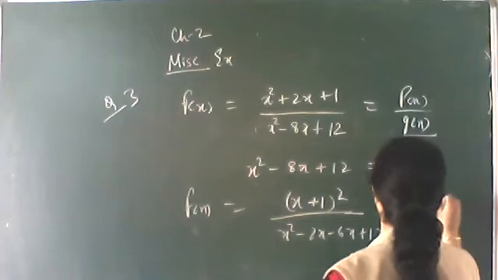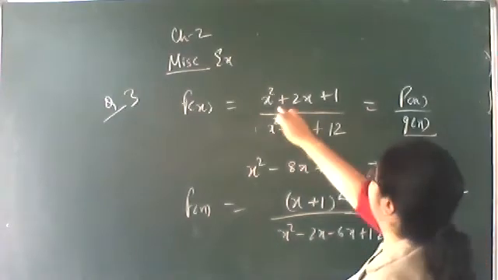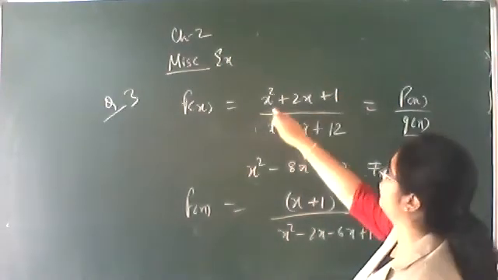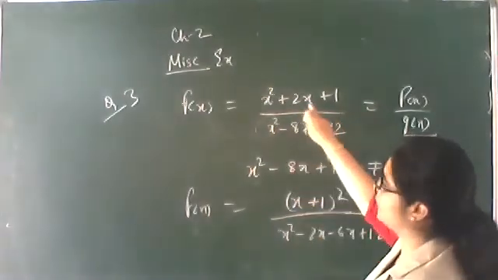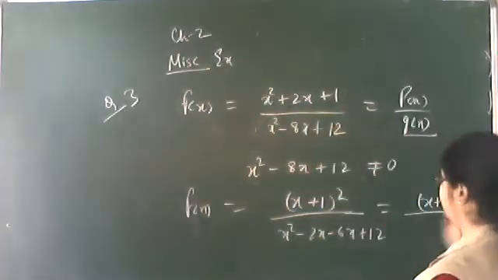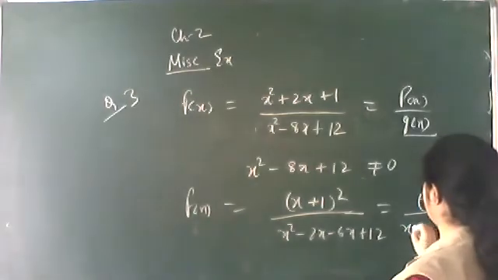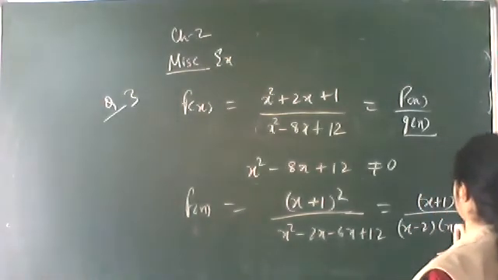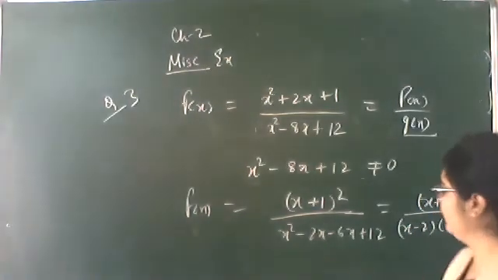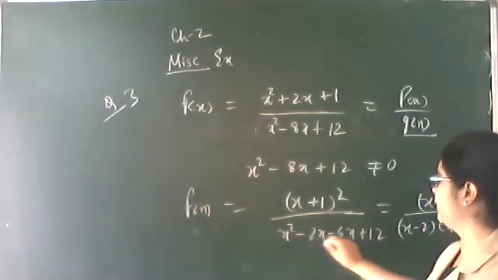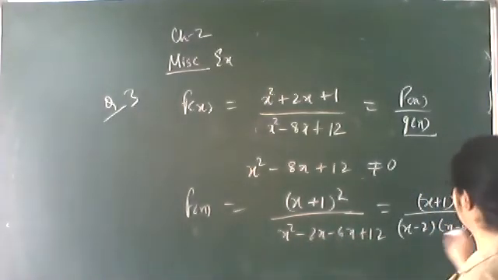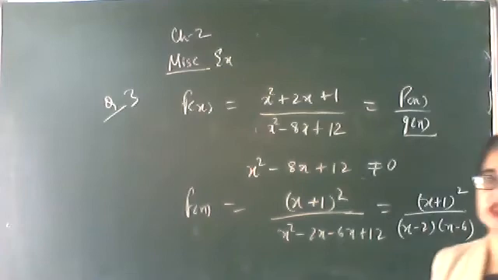You know how to do the factorization. In the numerator also I have done factorization. It is directly the formula of (x + 1)², x² + 2x + 1, upon (x − 2)(x − 6) in the denominator. When you factorize it, you take x common, x(x − 2) − 6(x − 2), so you get the factors (x − 2)(x − 6).